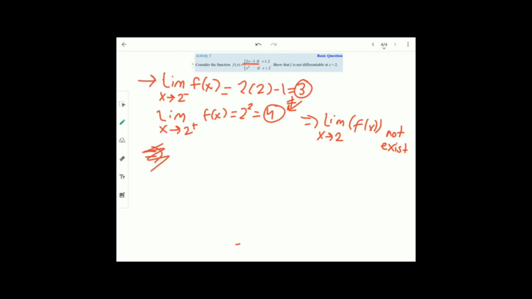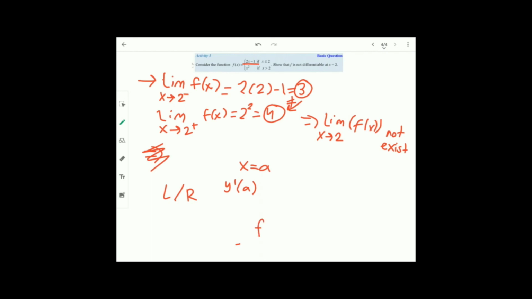And now two more facts you guys need to know are vertical tangents and corner points. A vertical tangent exists at x equals a if the derivative y prime of a at either side, so either the left hand or the right hand side, approaches infinity. And the corner point is when the point itself is continuous but it is not differentiable.